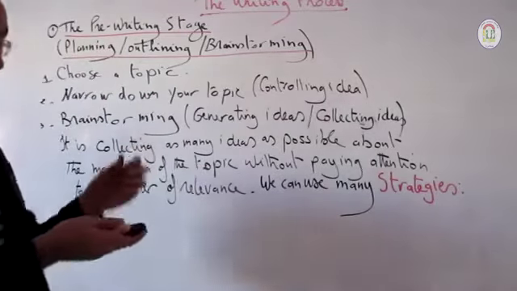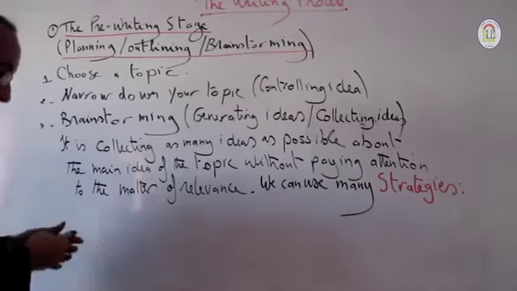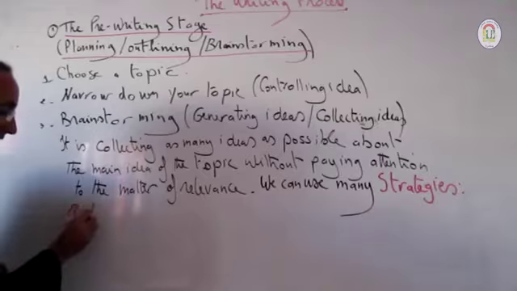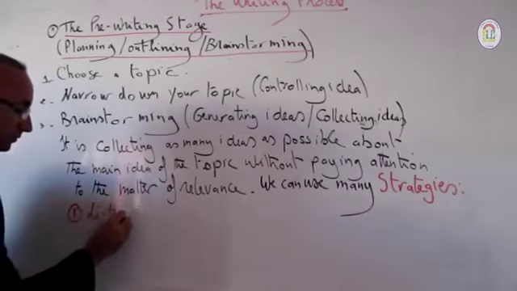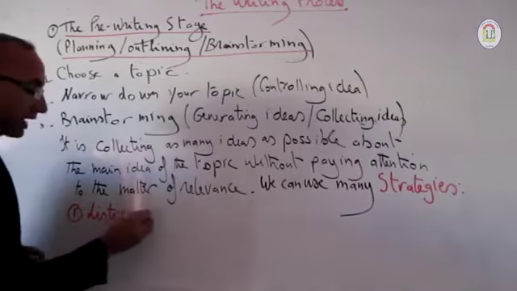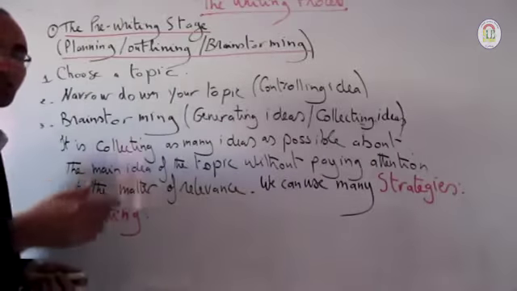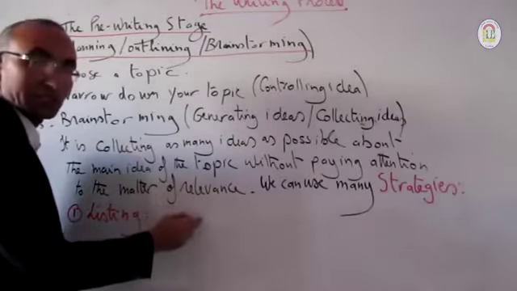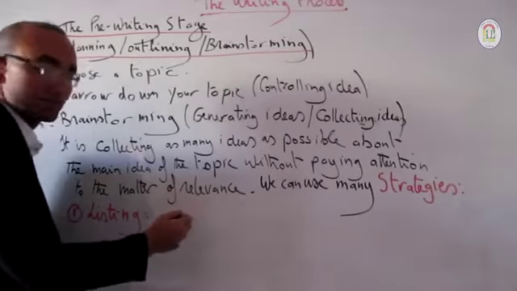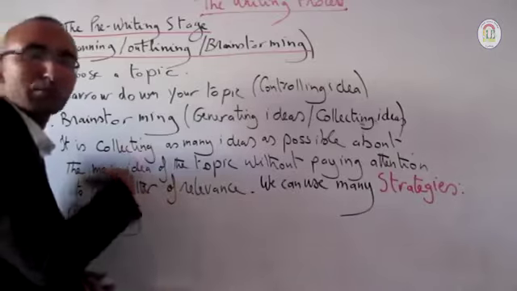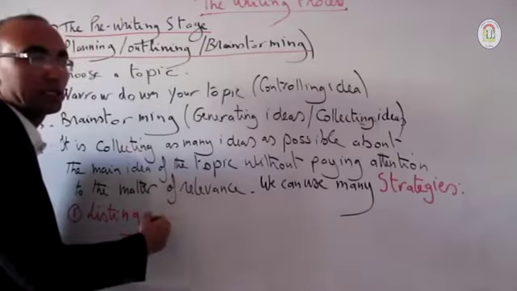So the first strategy we can use when collecting our ideas is listing. For example, I write down the causes of drug addiction: poverty, financial problems, joblessness, all what comes to my mind.